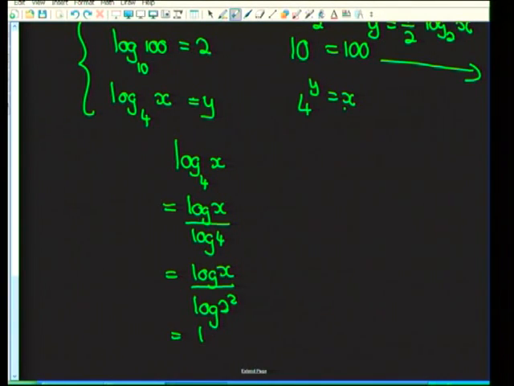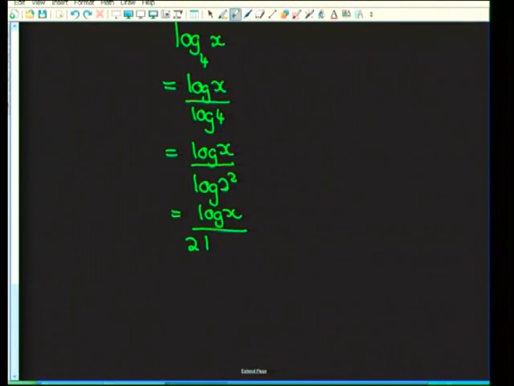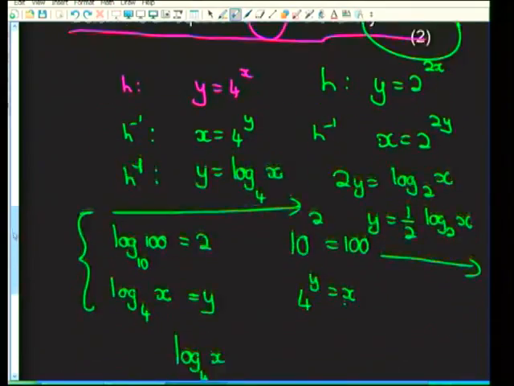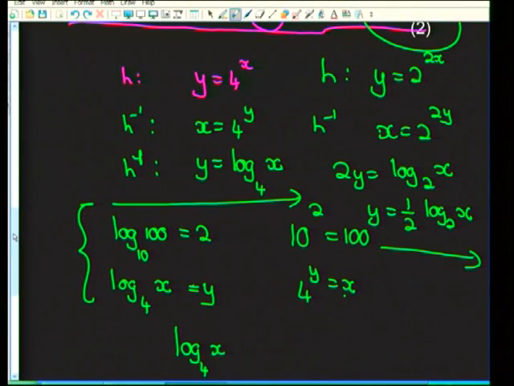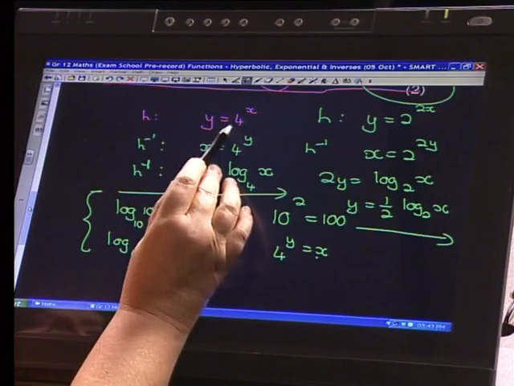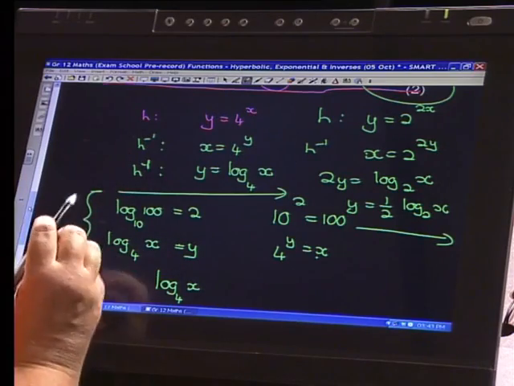And from my log laws, this would come in front. Now, quite honestly, I think this is beyond you in terms of what you're required to know. So that would become a half of log to the base 2 of x, which is exactly what we got. So believe it or not, it is the same, that one or that one, but I would advise you to go that way. That way you're pretty safe and you're not going to go wrong.